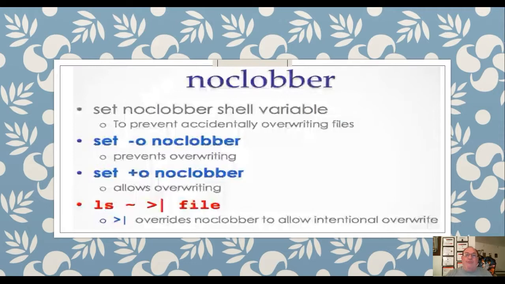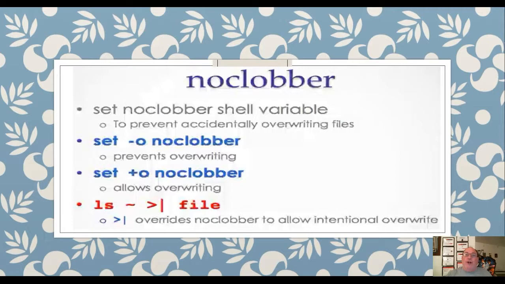And of course, when you're done with your particular scripting or terminal session or whatever it is, you're going to want to unset the no clobber command. An example here is with the ls. If you use the arrow with the pipe symbol, that's going to override the no clobber variable and allow you to intentionally overwrite your data. So that gives you a little more user control.